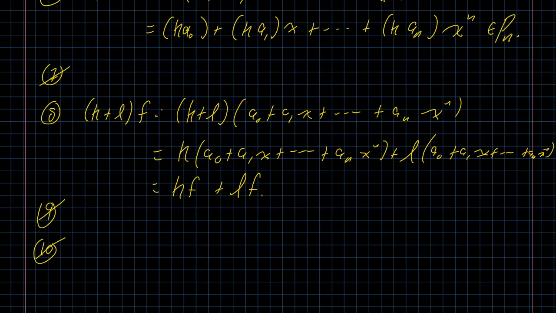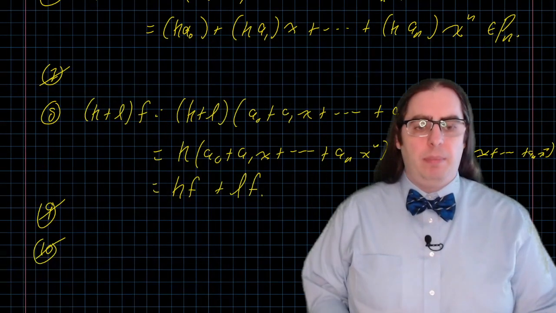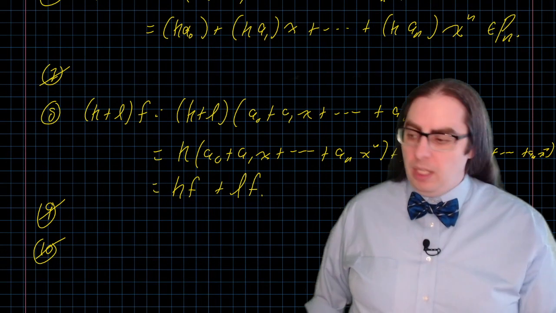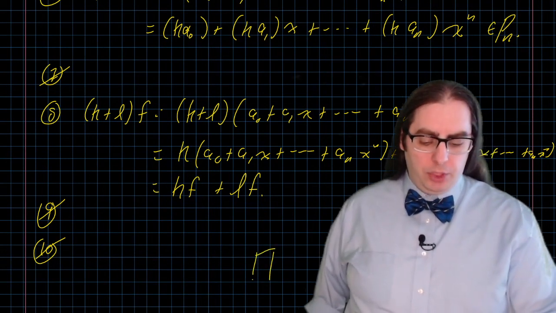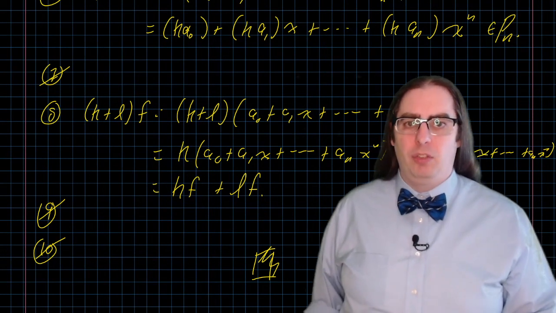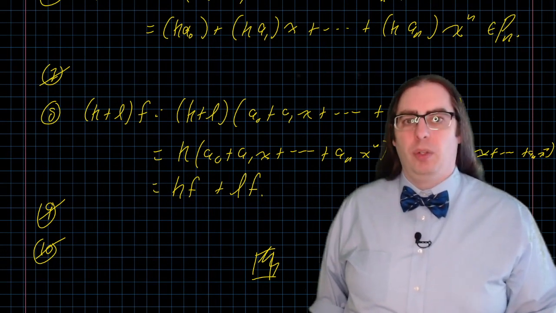And so on from there. So again, technically not a complete proof because I skipped over about half of the properties, but I hope that gives you a good picture of what this proof is supposed to look like, and you can kind of fill in the blanks on your own if you are curious.